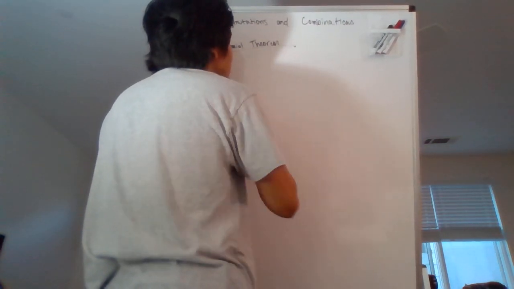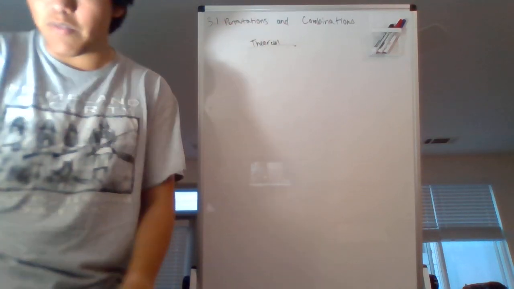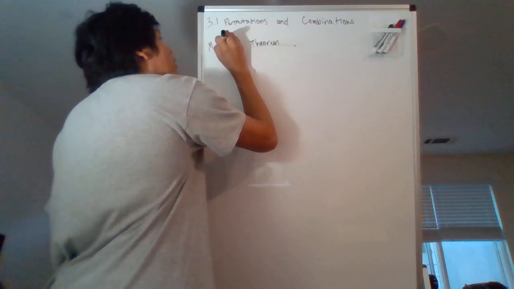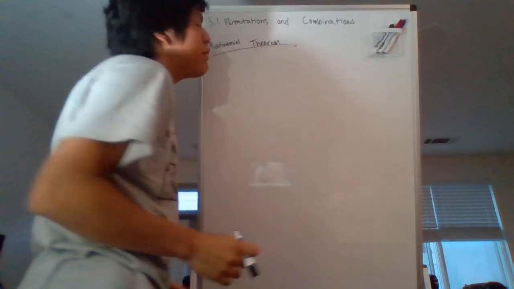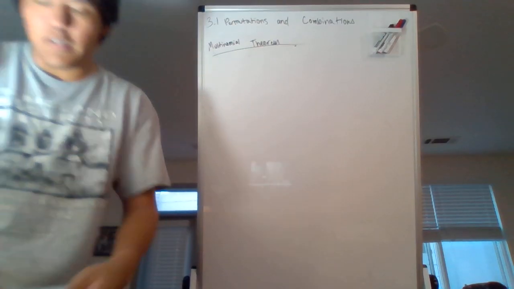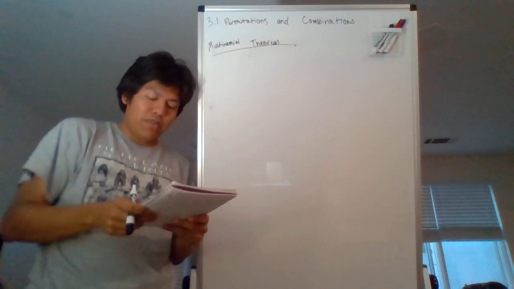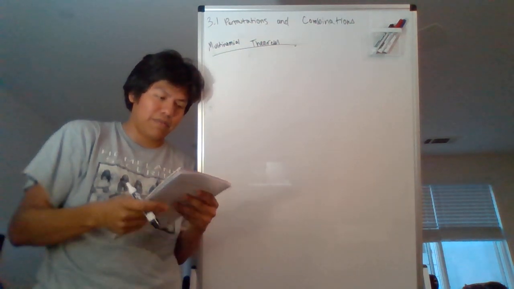Now, there's a second theorem. It's called the multinomial theorem, and it's kind of the same thing. So this says, in the power series expansion of this, okay, let's see.